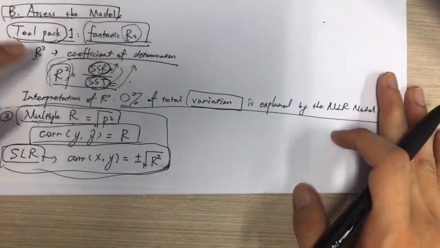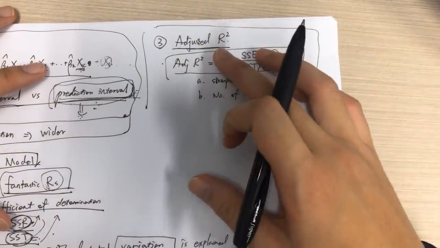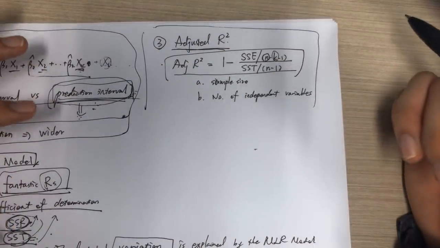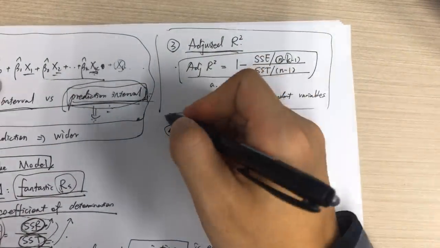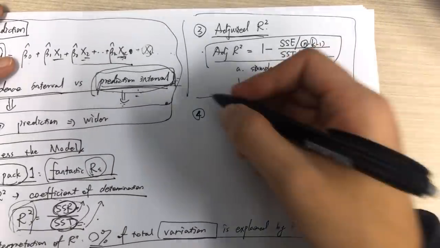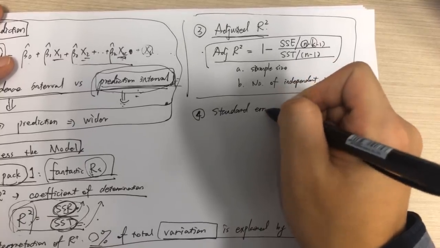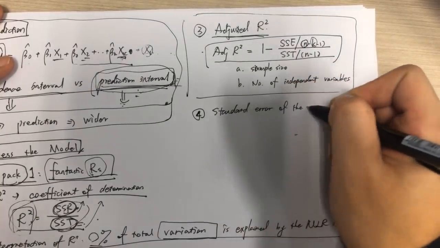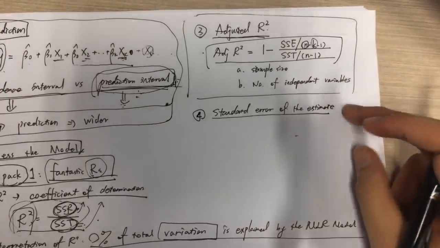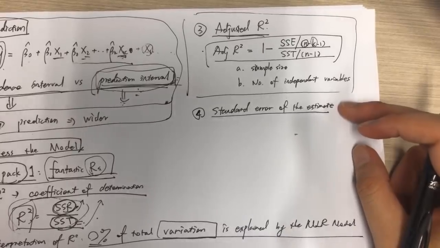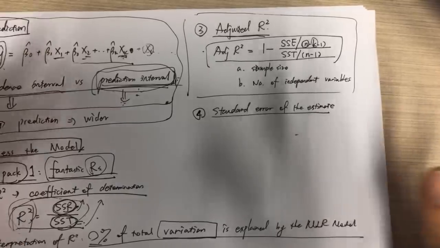All right, we have R square, which is called coefficient of determination, and adjusted R square is called the adjusted coefficient of determination. And the last thing in this tool pack is called the standard error of estimate. This is also very important because many times the question asks you something, but you don't know what it is asking you.